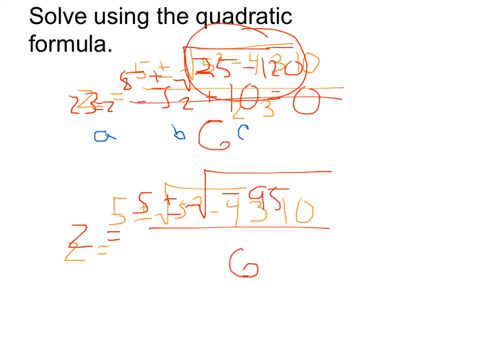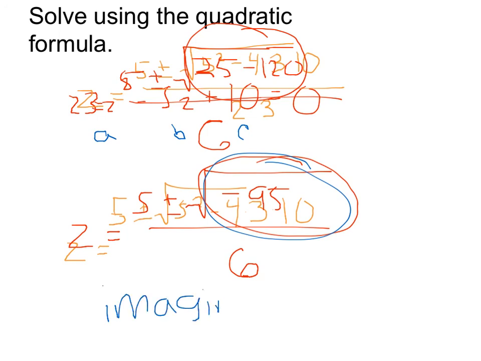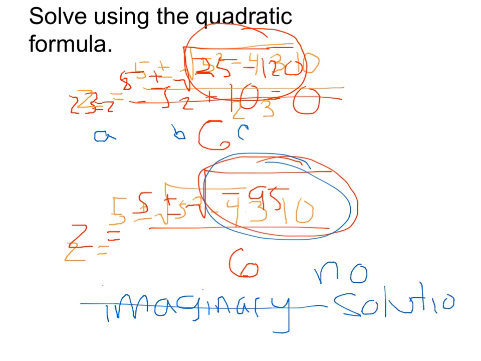And we're actually technically done, because since this is a negative inside of the square root symbol, and this is the discriminant, the entire answer is going to be imaginary or have no real solution. So that's how you do this problem. Thanks.